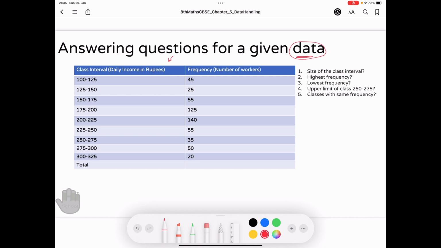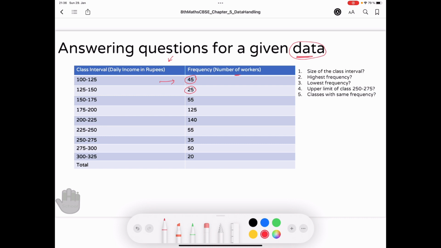So there are different per day income classes that we have organized our data in, along with the number of workers in each class. Between 100 and 125 rupees a day, we have 45 workers. Between 125 and 150 rupees a day, we have 25 workers.